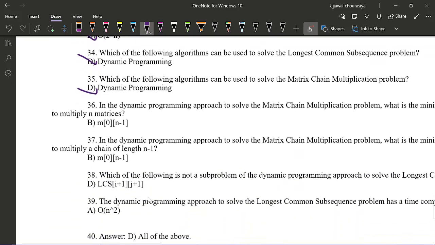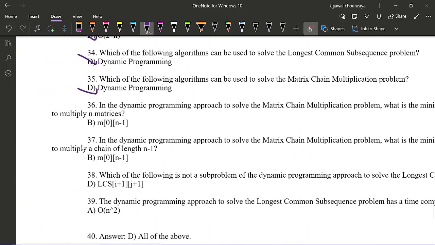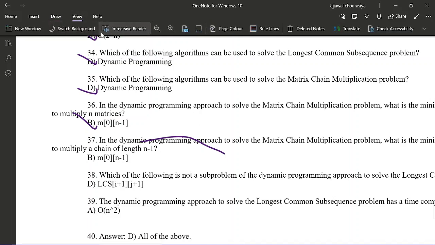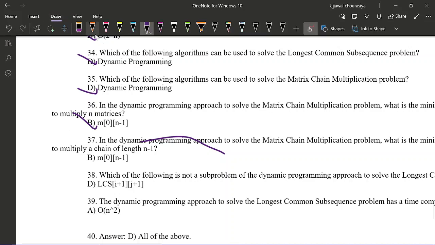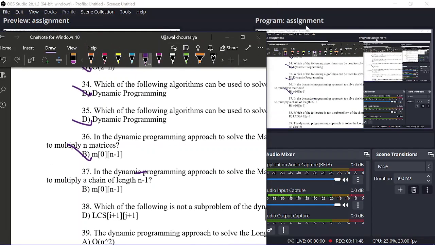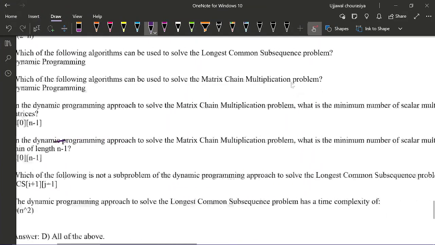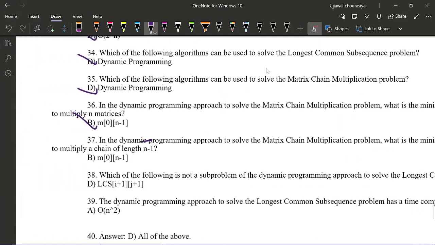In the dynamic programming approach to solve matrix chain multiplication, what is the minimum number of scalar multiplications? So its answer is m[0][n minus 1]. What is the minimum number of scalar multiplications required to multiply the chain?